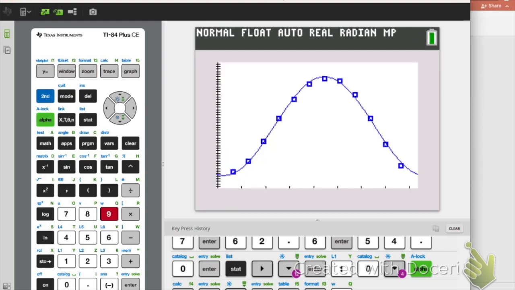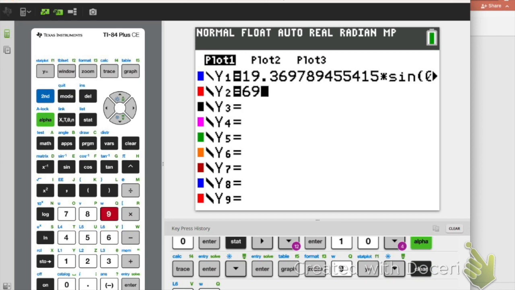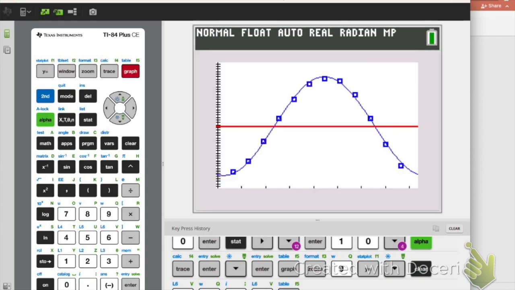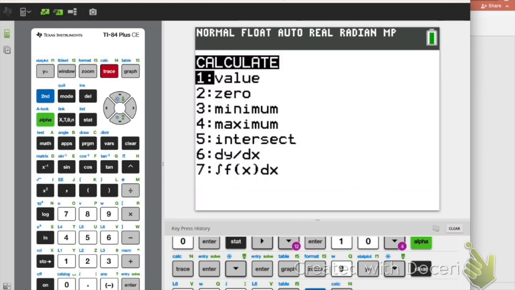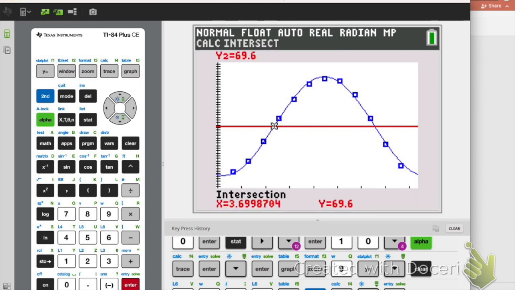I'm going to put in that midline at 69.6. So when I graph it, now I can see where those points of inflection are, so I can have the calculator find them for me. So I want to find the intersection of that graph and that graph. There's our first point of inflection.